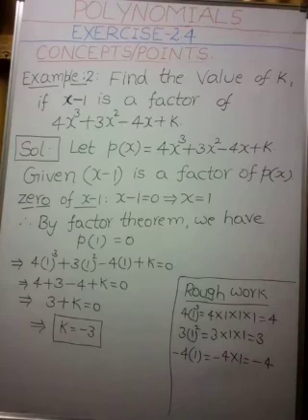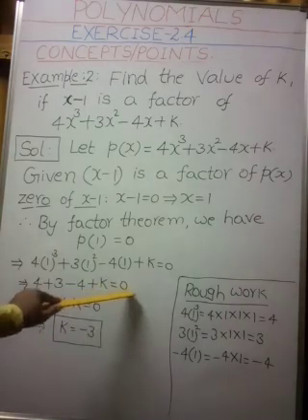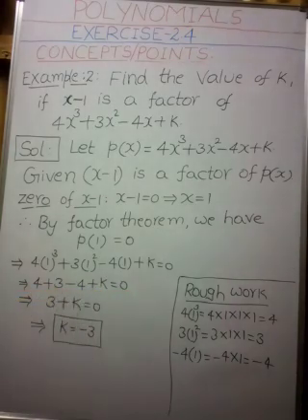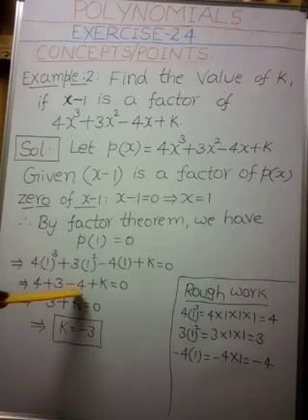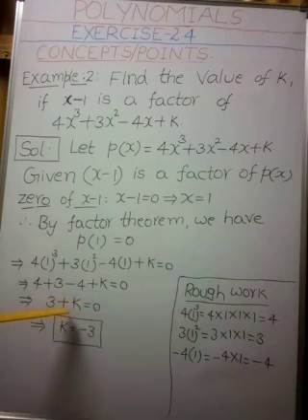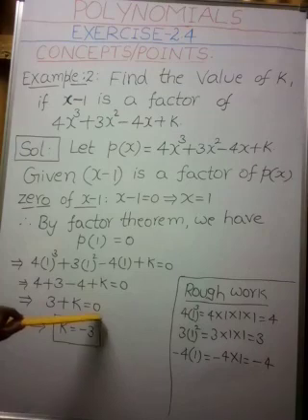Remember that term also, my dear children, in LHS. Understood LHS part, my dear children? Right. Is equal to 0. Understood this step, my dear children? Right. Now 4 minus 4 gets cancelled. What terms are left here? 3 plus k. Only these two terms will be left here in LHS. Is equal to 0. Understood this step, my dear children?